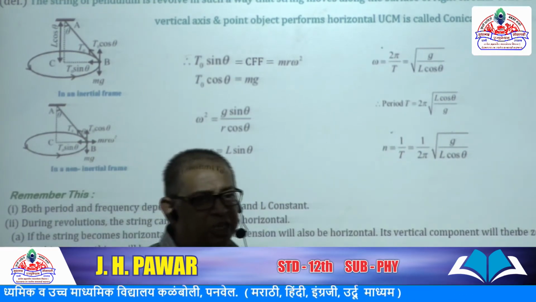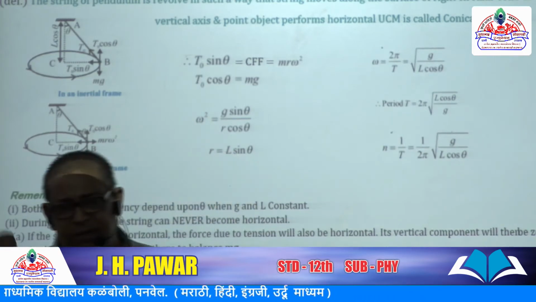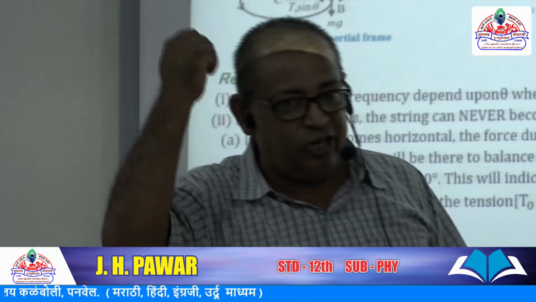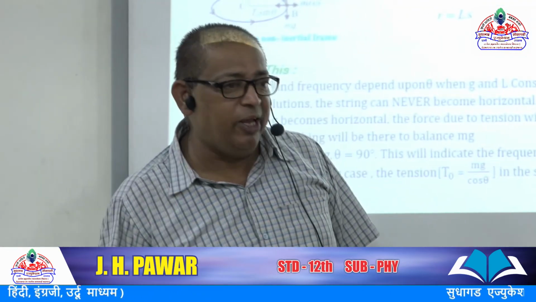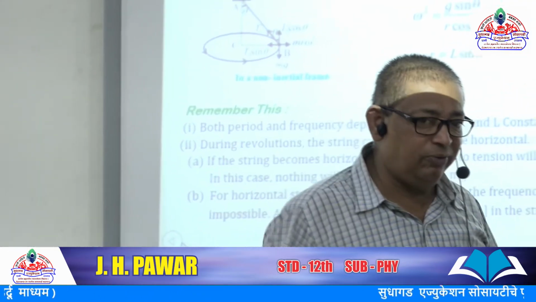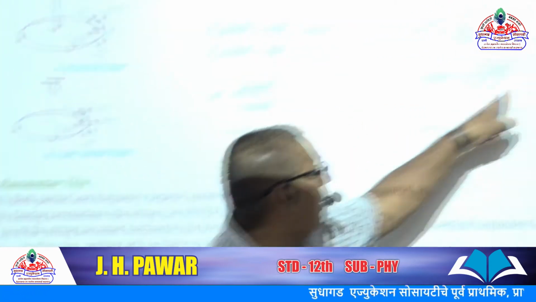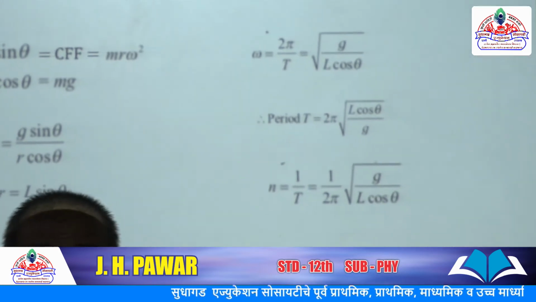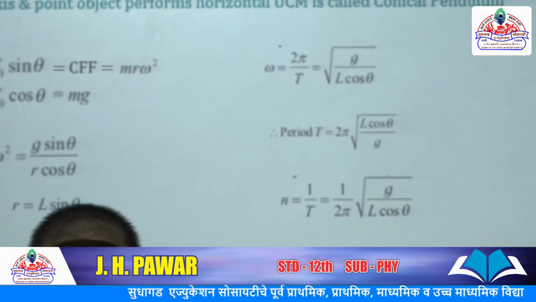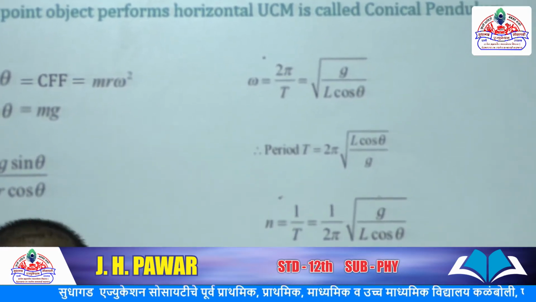Then another question arises. Suppose we are at a place where the acceleration due to gravity is 0, or in a spaceship. There G is 0, and as G is 0, the period is infinity. Period infinity means the conical pendulum or bob does not perform circular motion.